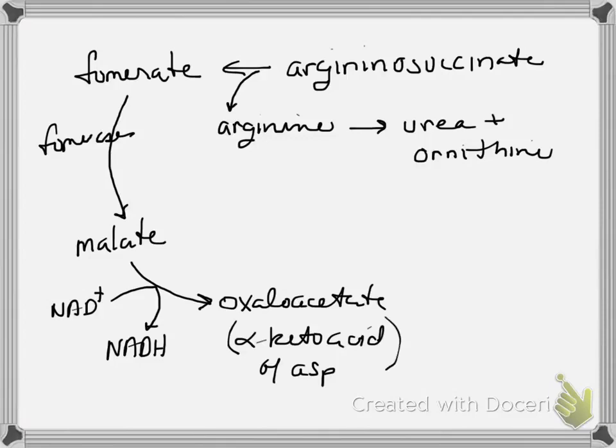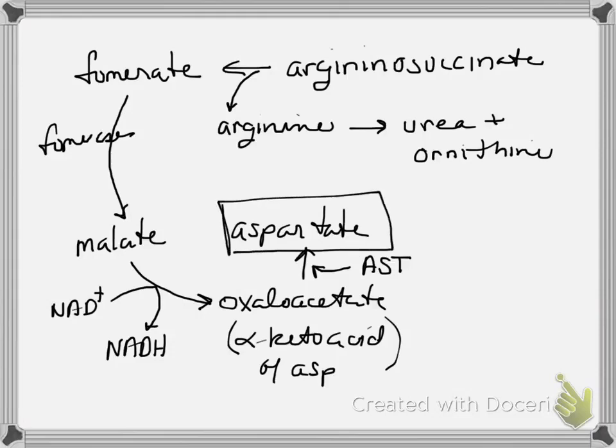So this transamination now can form aspartate by the AST transamination enzyme, and now we've regenerated our second nitrogen donor to the urea cycle. This can now add on to citrulline, forming argininosuccinate, and continue the cycle going.